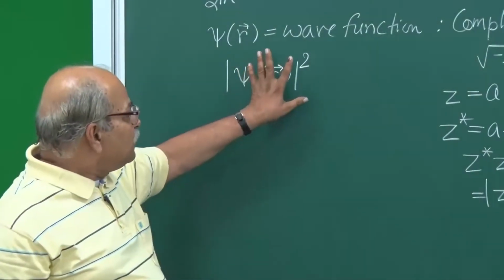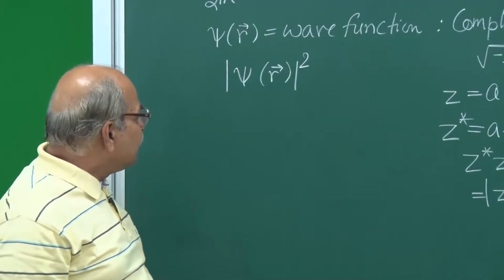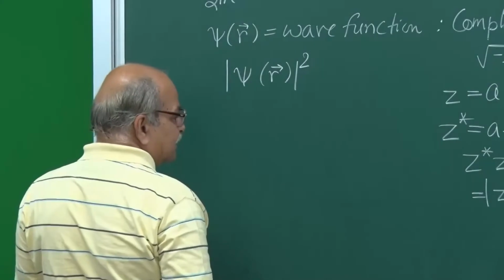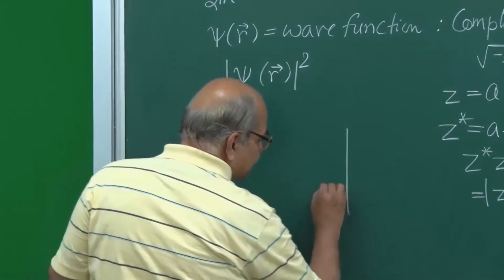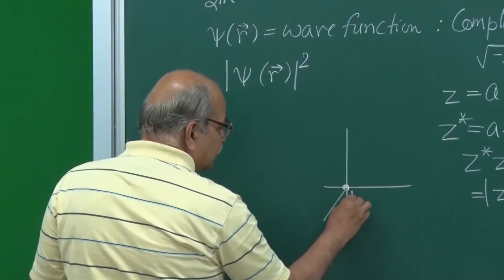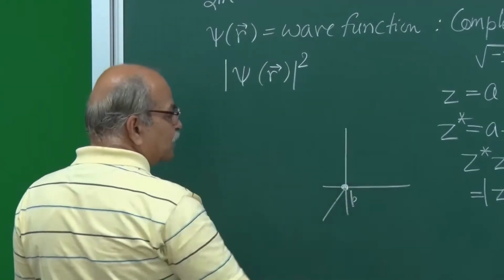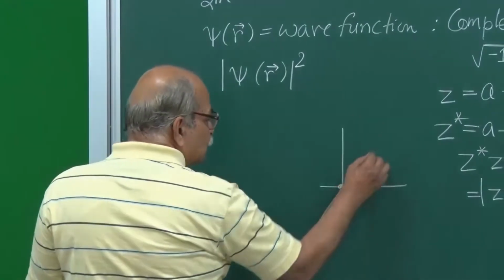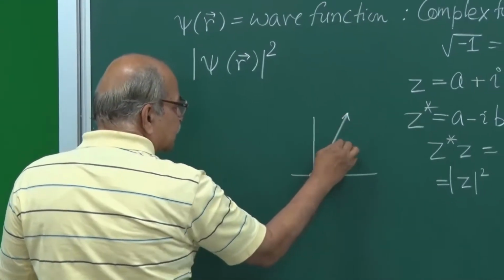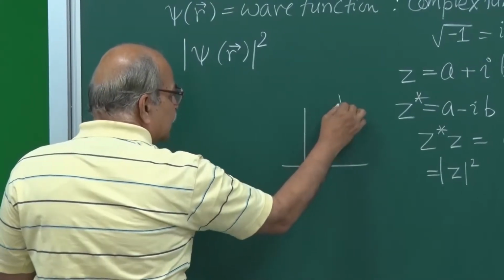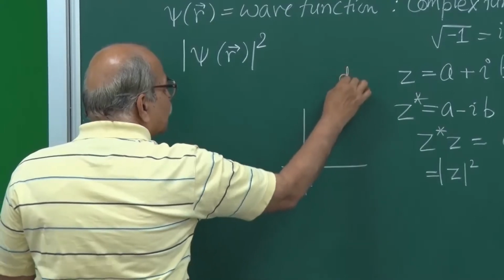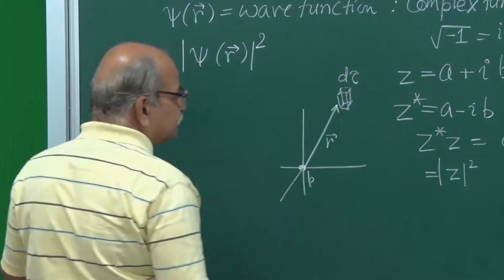Okay. So if you have this quantity, then you can connect it to something which is physical. Suppose here is that proton sitting at the origin and the electron can be somewhere, and you want to know about this position r, let us say this is the position vector r. Here I construct a small volume, let us say d tau.